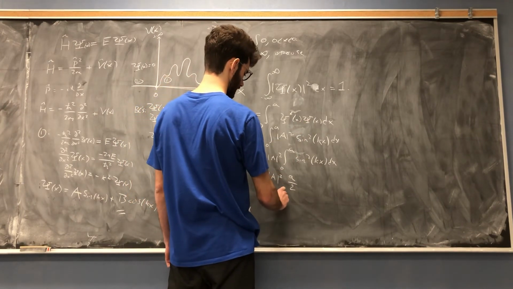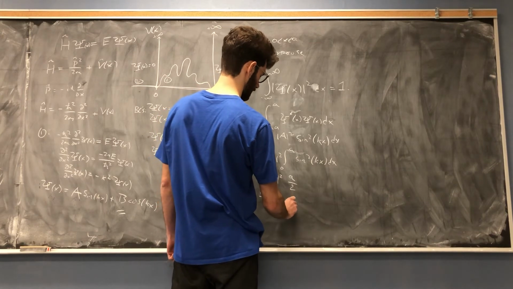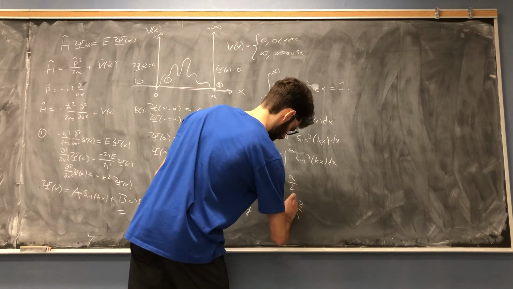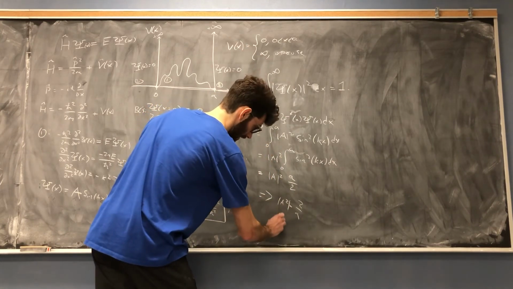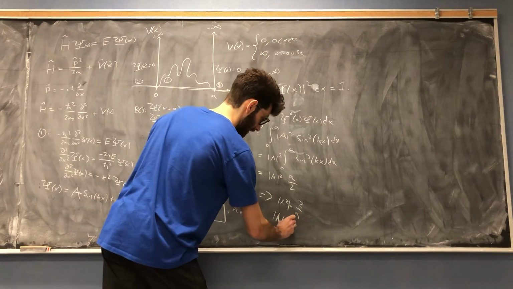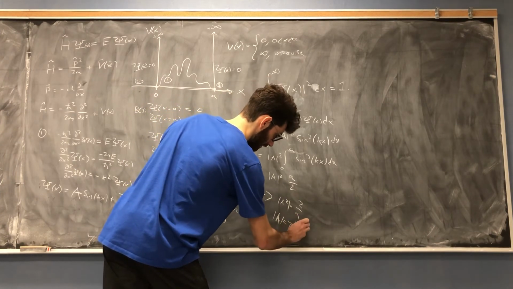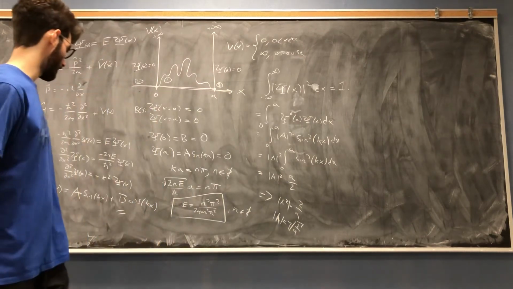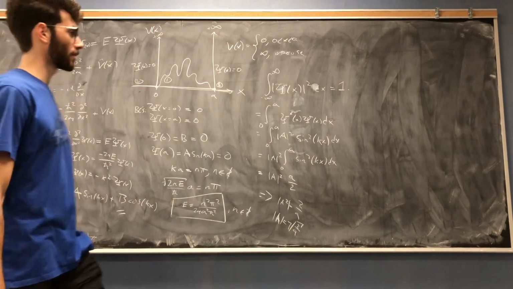So we basically conclude that A squared is 2 over a. And so A, at least up to a complex phase factor, is given by the square root of 2 over a.